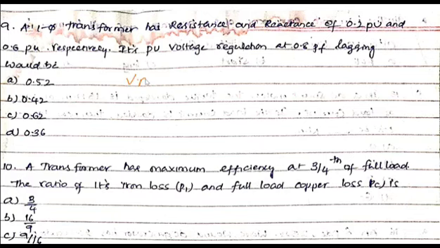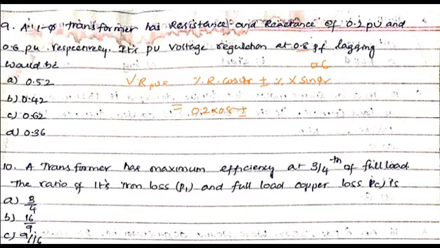Voltage regulation per unit is equal to the percentage resistance into cos phi r, plus or minus percentage x into sin phi r. This is the formula. The power factor is 0.8, so converting into sine it is going to be 0.6. Percentage resistance is 0.2 into 0.8, plus or minus.